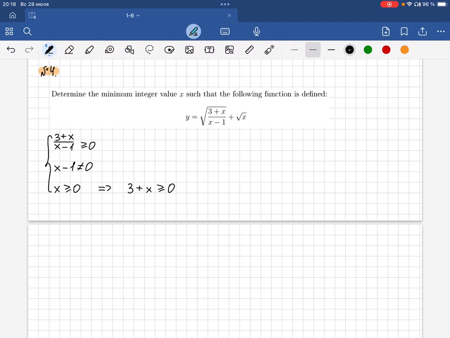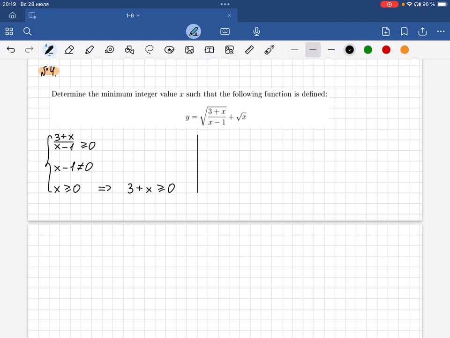We need this fraction to be greater than or equal to 0, and we know that its numerator is greater than or equal to 0, which means that we need the denominator to be strictly positive. We cannot set it to 0, so we need it to be positive.